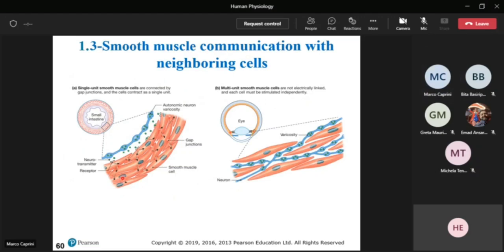Why single unit smooth muscle cell? It is also named visceral smooth muscle. Why? Because it forms the wall all around the viscera. But the most important point is that all the cells are connected by the gap junction here.